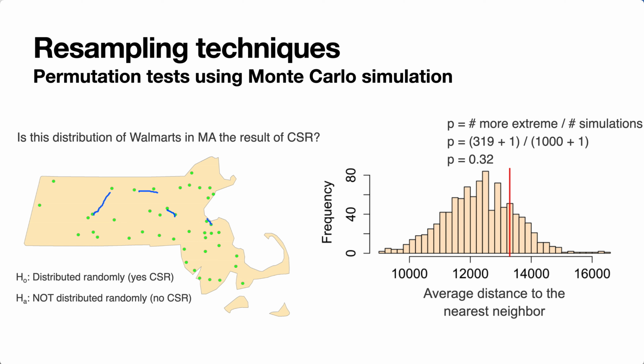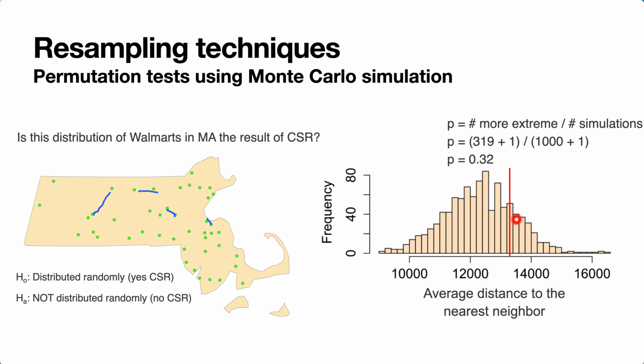We can make a fake Walmart map by just dropping dots randomly anywhere in the state. Okay? And we'll get, say, that measurement. And then we'll do another random set of dots and we'll get that measurement, and then another random set of dots and we'll get that measurement as the average distance. We do that repeatedly 10,000 times and we build up a histogram of an empirical distribution.